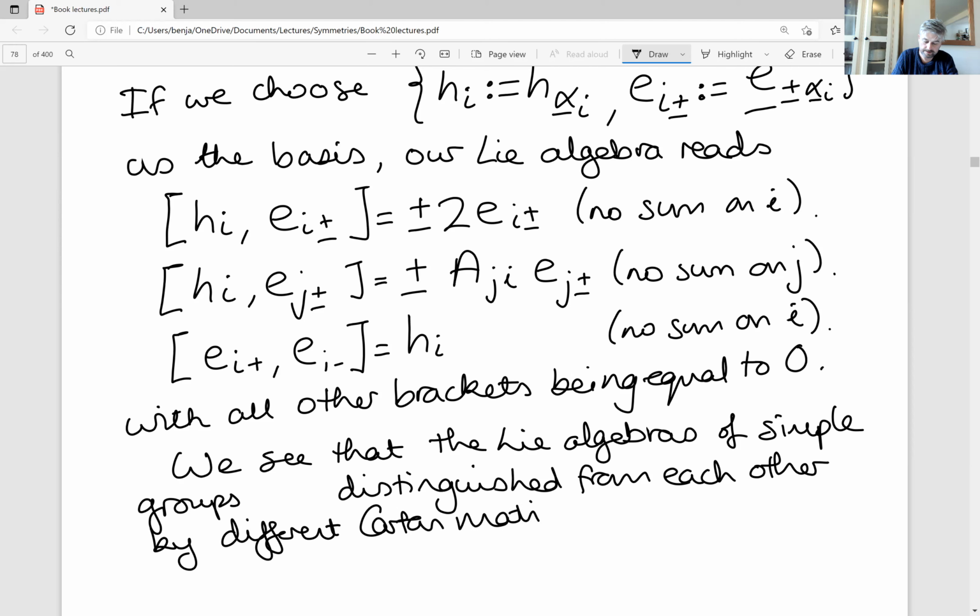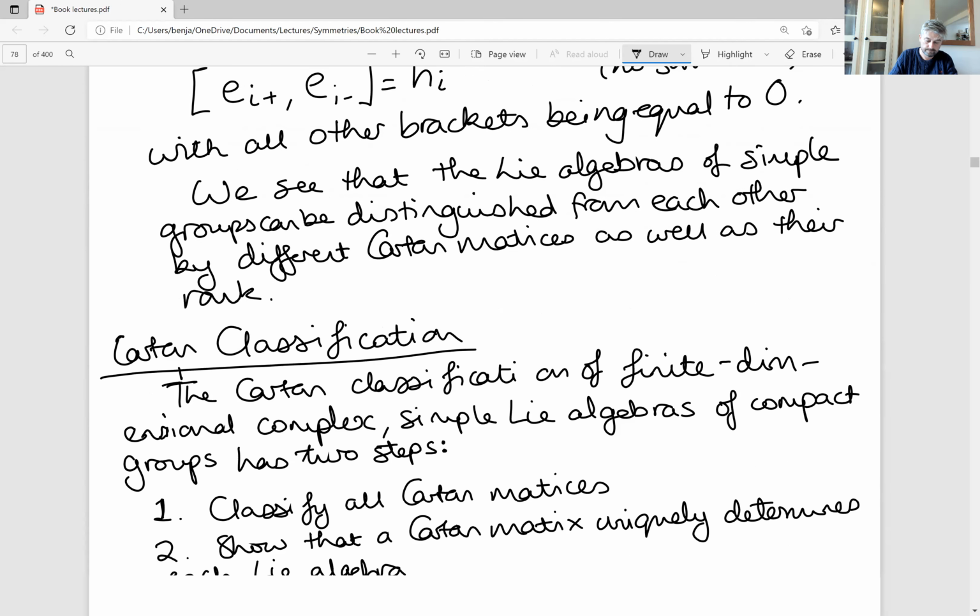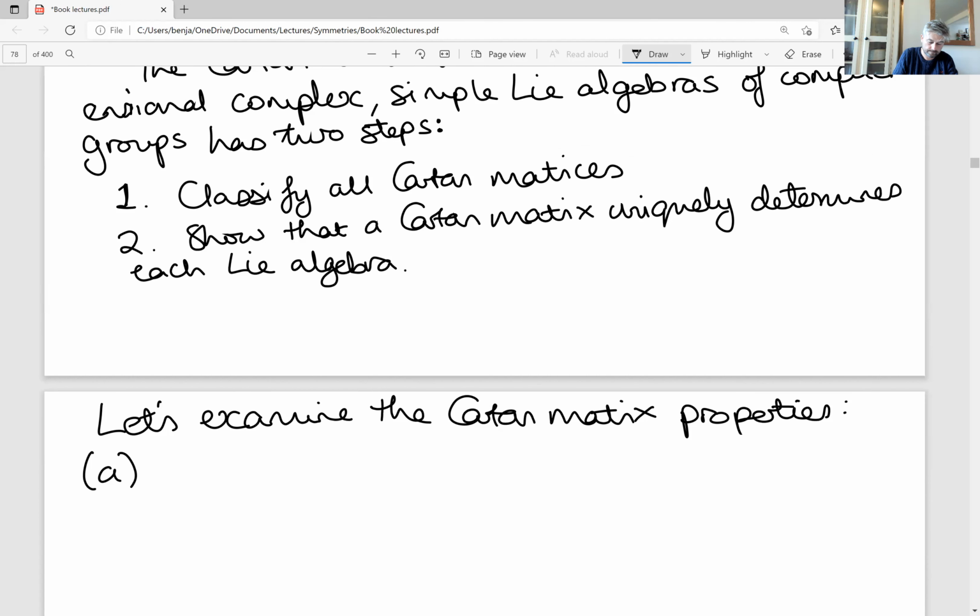Just from its definition, if we put i equal to j with no sum, we just get 2. So the diagonal entries of it are 2.